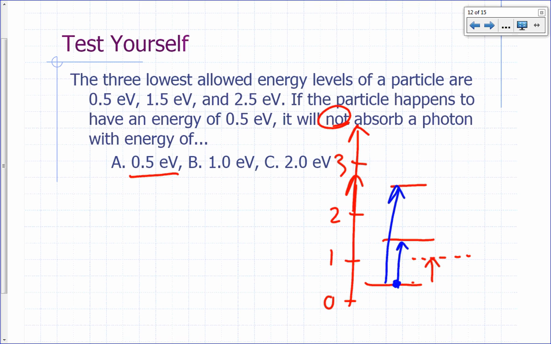Yes, later this semester we'll learn the selection rules. Not before this first exam. Then at this point all you can say is may or might. But it's not forbidden, say, by the Bohr frequency condition. It could be forbidden by the selection rule, but not by the Bohr frequency condition. You know for sure it's not going to absorb 0.5 electron volts, right? But you don't know for sure whether 1 or 2 electron volts would be.